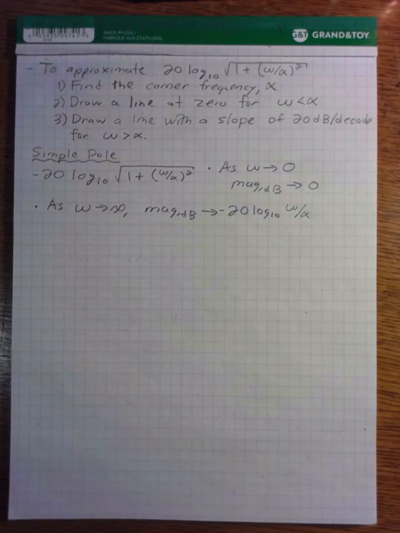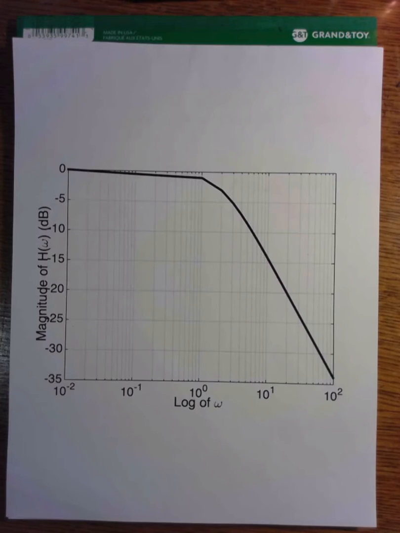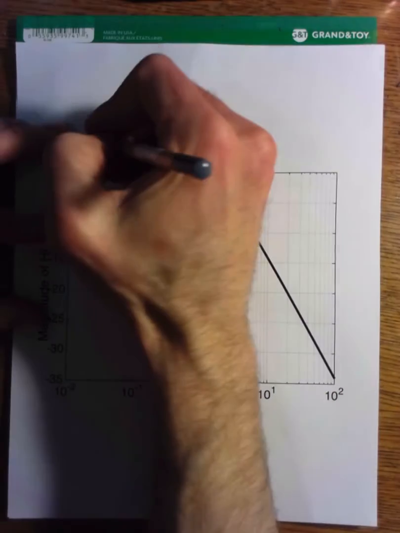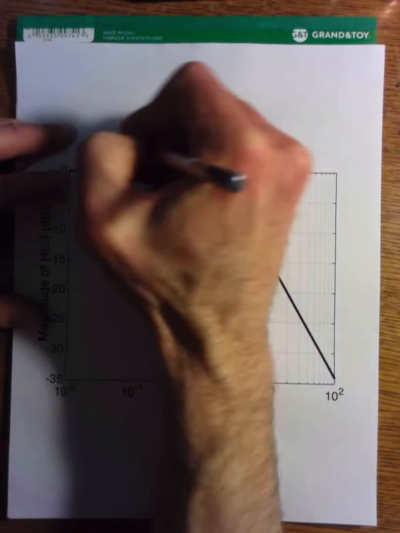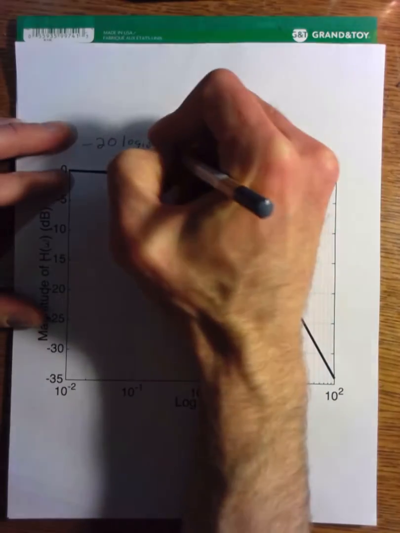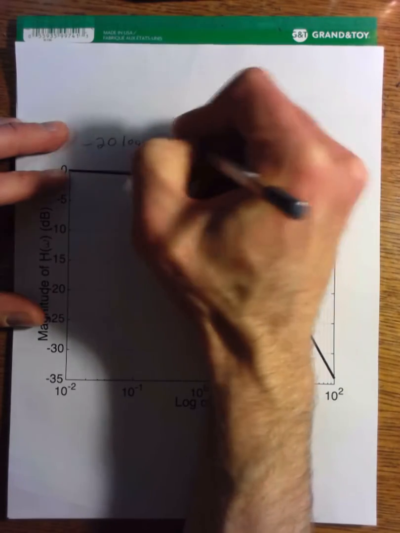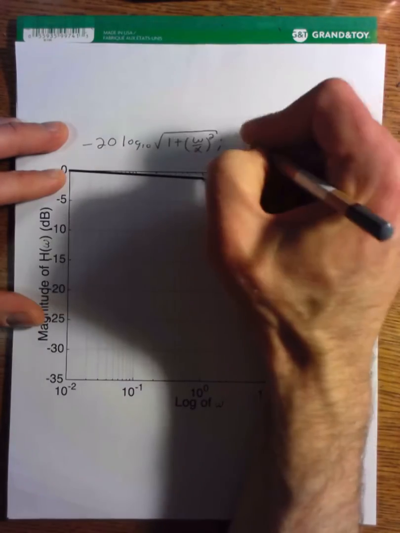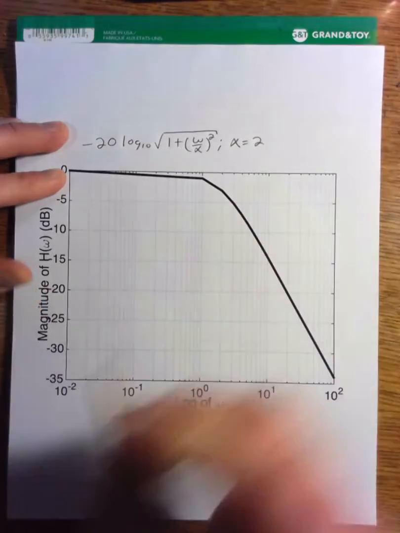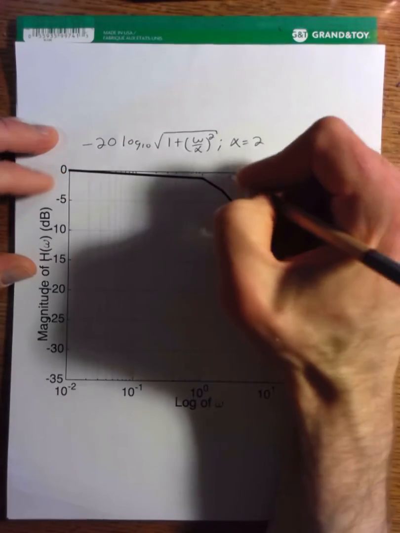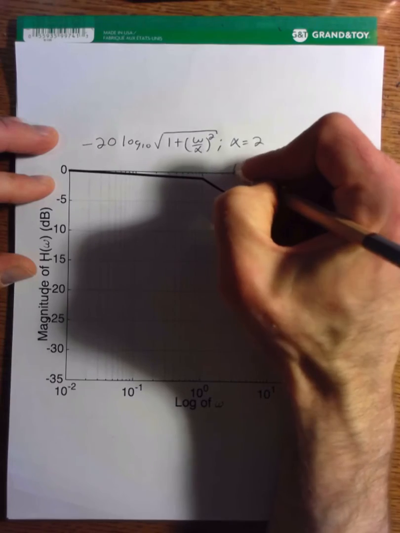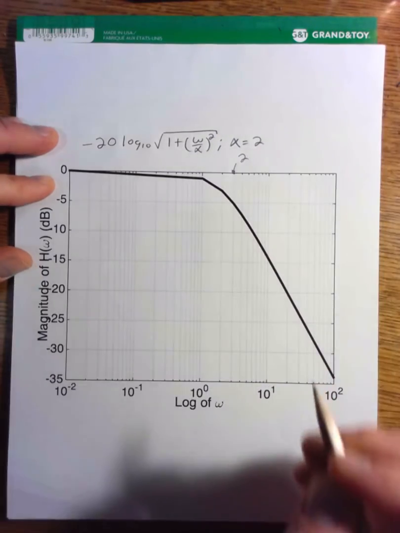And so if we take a look at a plot of minus 20 log 10 of the square root of 1 plus omega over alpha squared for alpha equal to 2, we locate alpha equal to 2, which is right there.